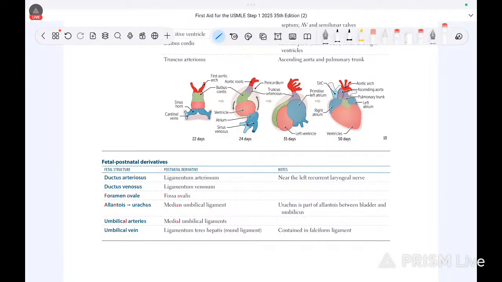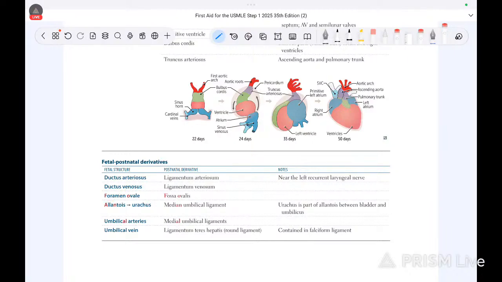Next, there are some postnatal derivatives. The ductus arteriosus forms the ligamentum arteriosum. The ductus venosus forms the ligamentum venosum. The foramen ovale results in the fossa ovalis. The allantois, the urachus, forms the median umbilical ligament.